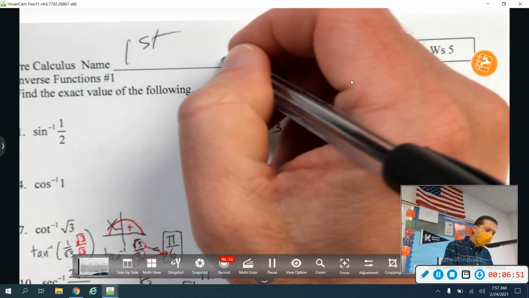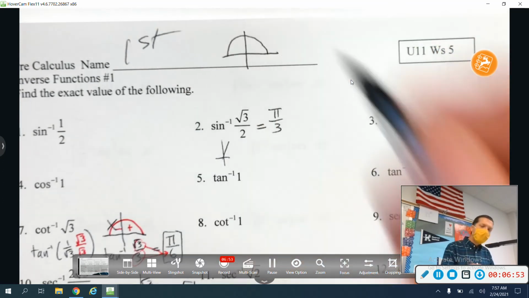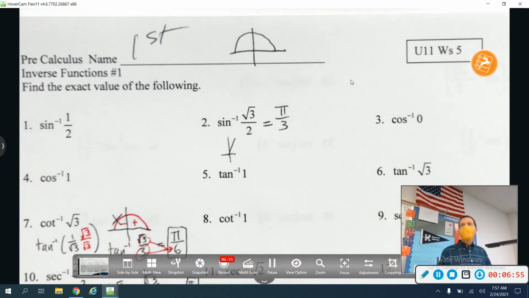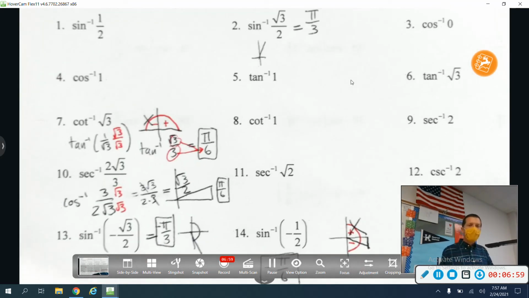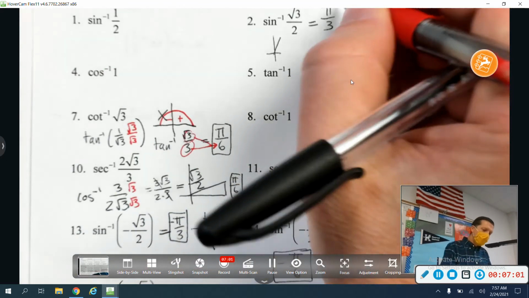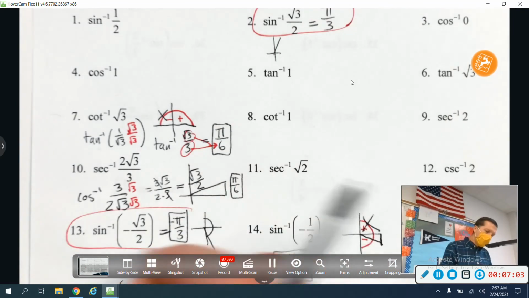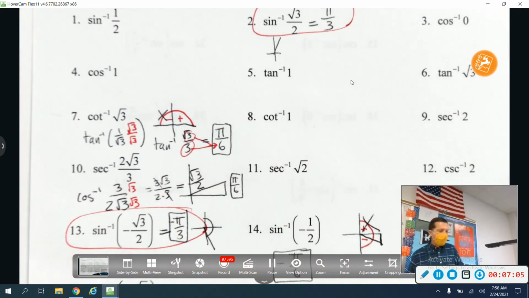In fact, for cosine, you'll never have a negative answer anyway, because all your answers are from quadrant 1 and 2. So it's a really good question and a really good observation that's true for some. Like number 2 and number 13 fit that. But if we found some cosine ones that matched, it wouldn't be true. I don't know if there's any on there, but well, kind of. Number 15 and number 4.